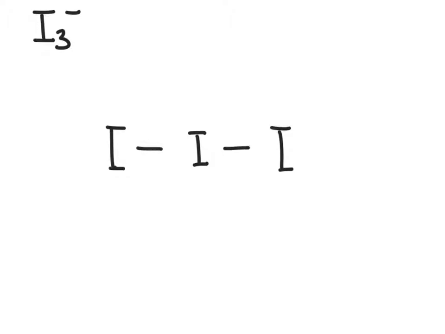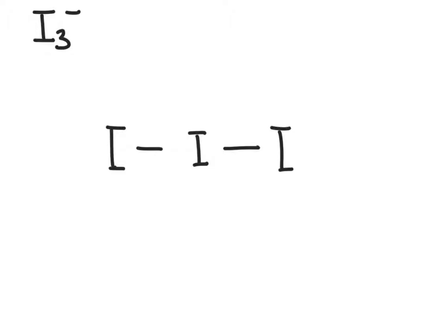So now we'll draw the Lewis dot structure for the triiodide ion. There are 3 atoms of iodine, and then we'll each have a bond.